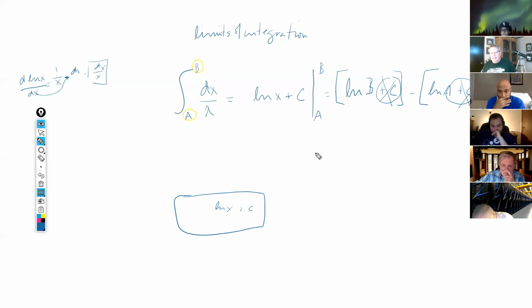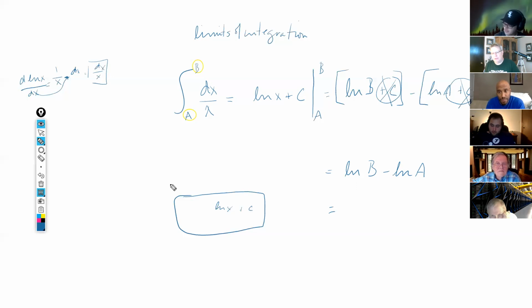So do you understand that the answer to this is then going to be the natural log of b minus the natural log of a? Now, no one say it, but what should I do when I get here? Don't say it. Write it out on your own and tell me what I'm looking for. The natural log of b minus the natural log of a.